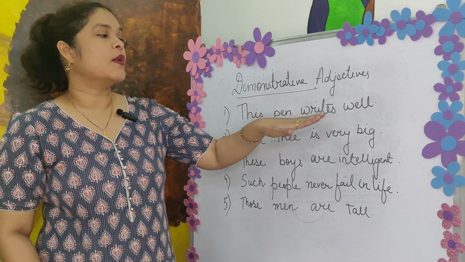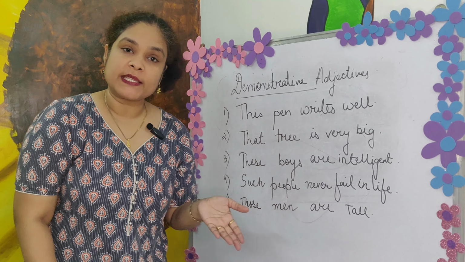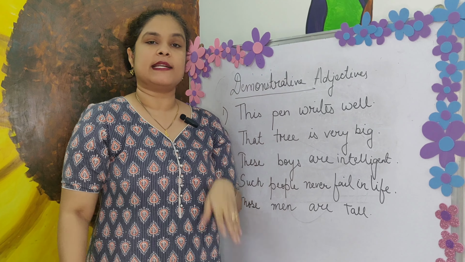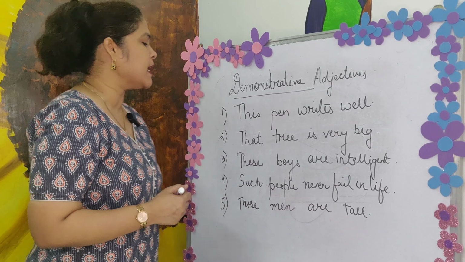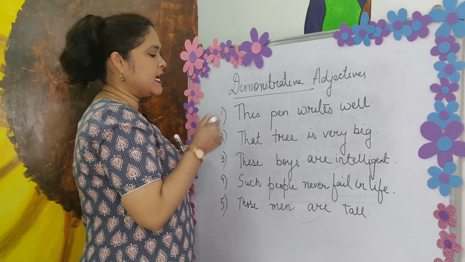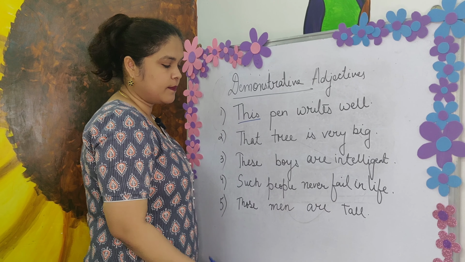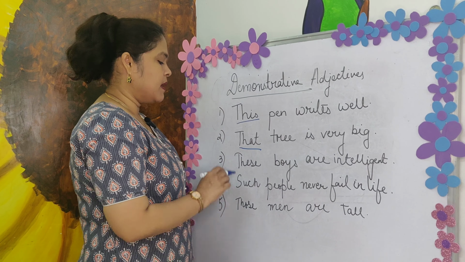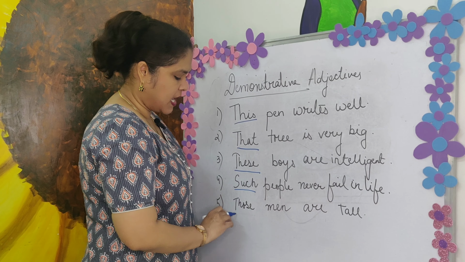This pen writes well. You know that this is the demonstrative adjective. You're absolutely correct. In this sentence, that is the demonstrative adjective. In this, these boys are intelligent, so these is the demonstrative adjective. Such and those.